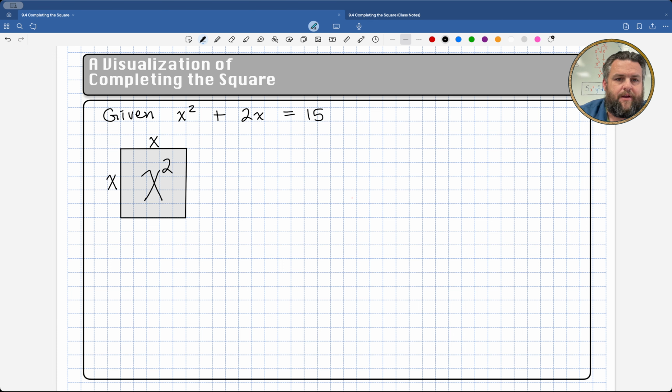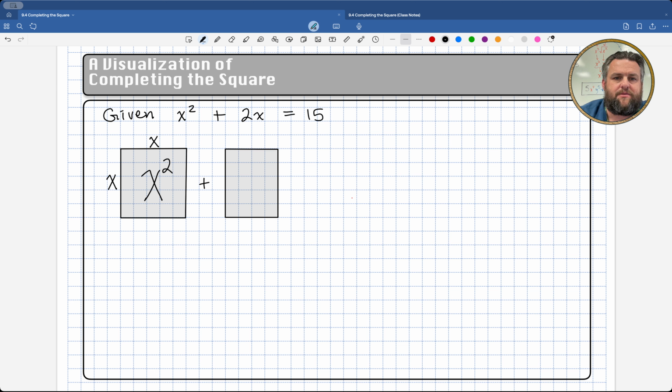Then we're adding this rectangular piece, the plus 2x, so we're going to use another rectangle. We're going to make it so it's easy to visualize.